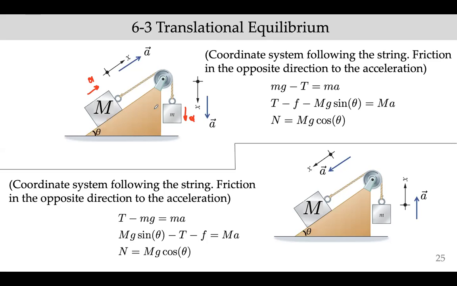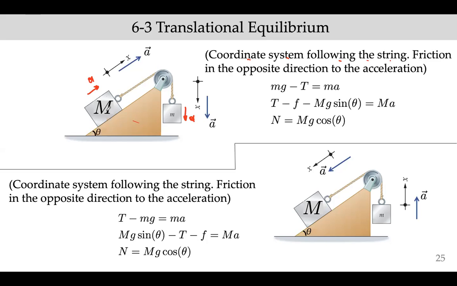Now, in problems like this, when you have a rope, and especially with problems with inclines, the coordinate system follows the string. So you choose a coordinate system which follows the string. So this is the string or the rope. I will choose anything that's along this string and in this direction to be positive x.